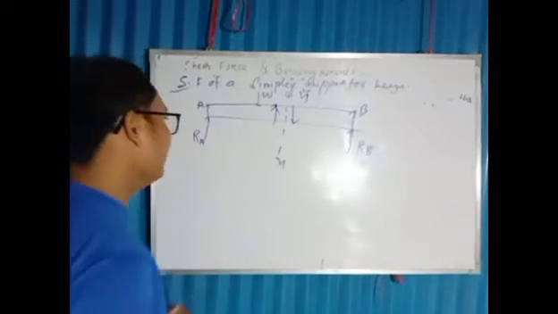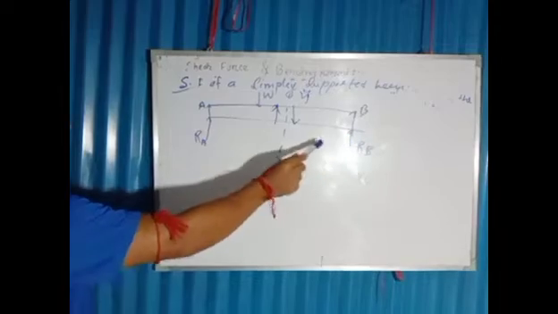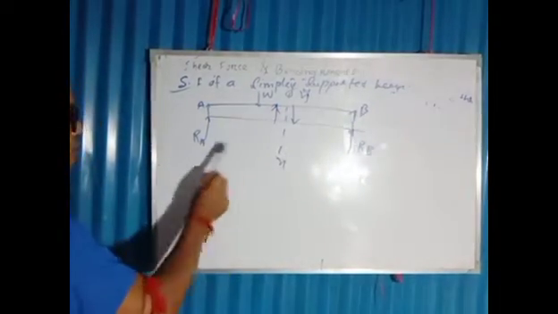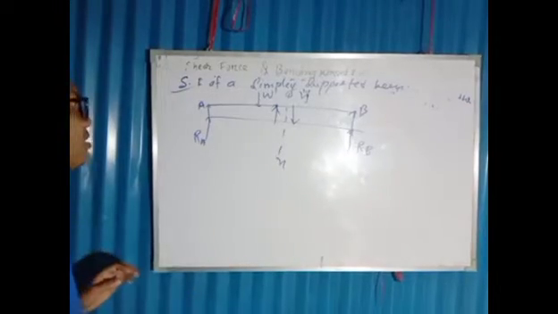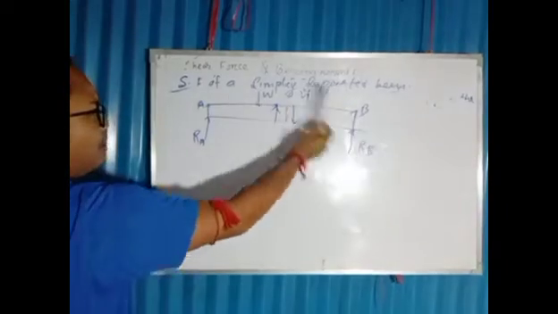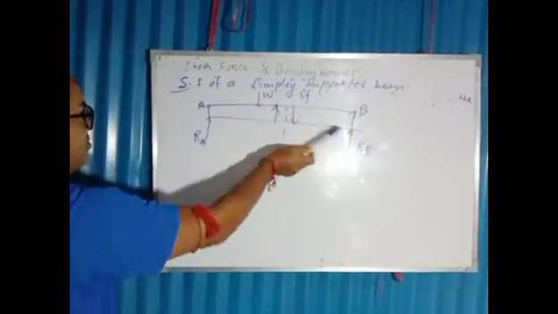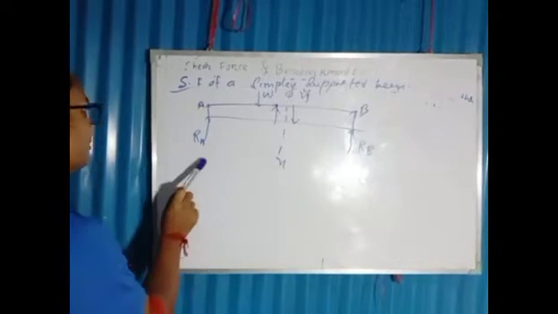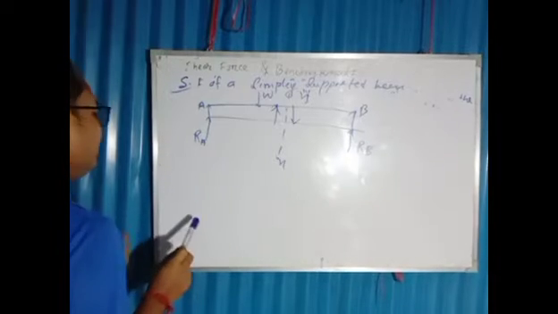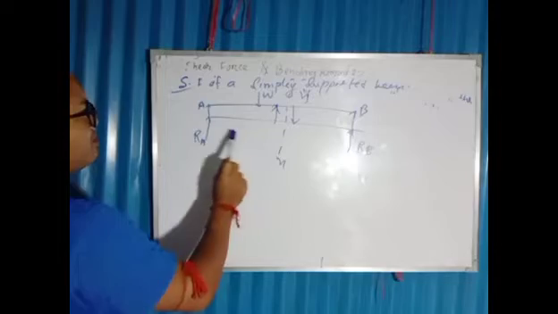Have a look. This is a beam, with points A and B. At A and B, two reaction forces are acting. The one in this direction is called the anti-clockwise direction. The other reaction force, acting at B, is in the clockwise direction.